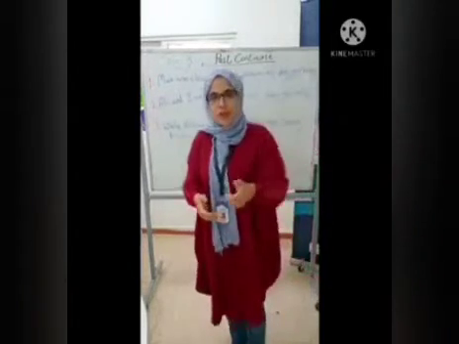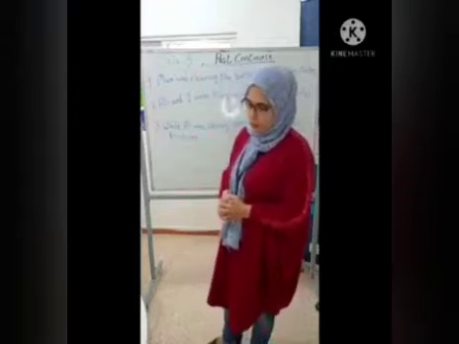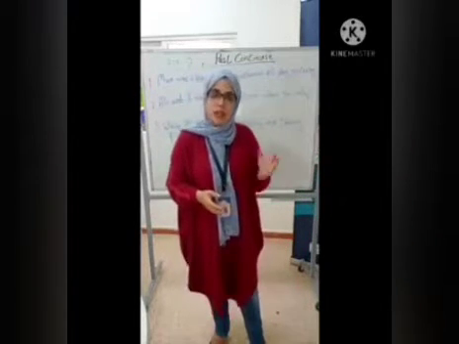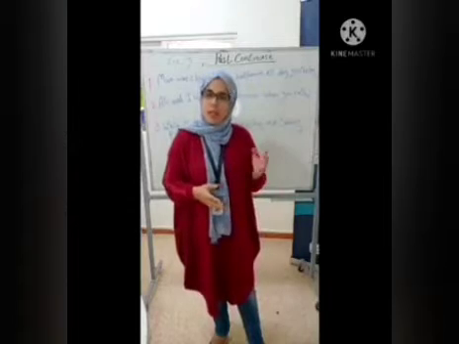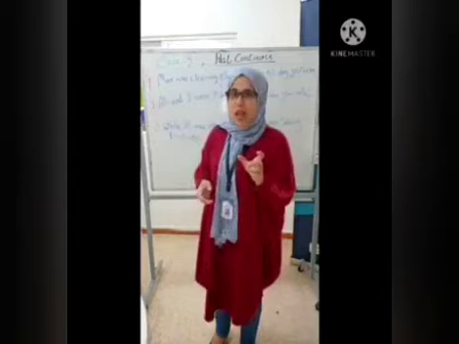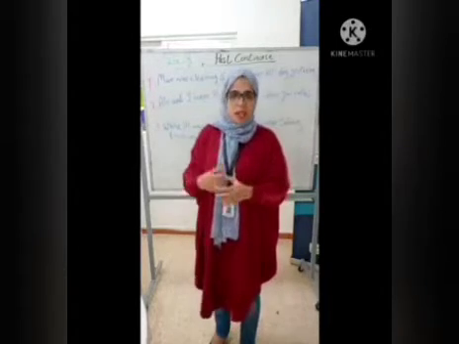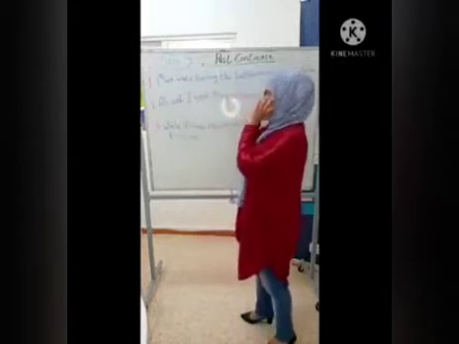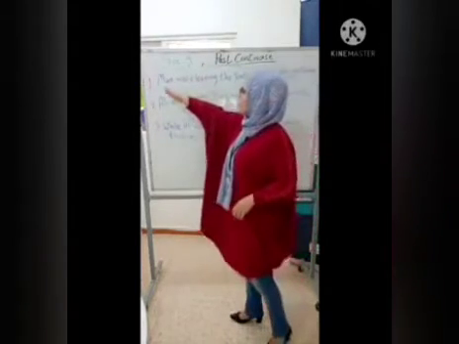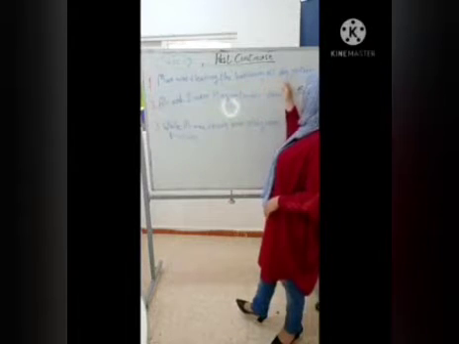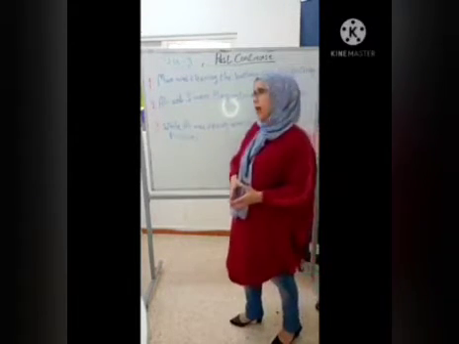Usage. The first use of past continuous: we use past continuous to describe continuous actions or events that happened in the past. Here is an example. Mom was cleaning the bathroom all day yesterday.